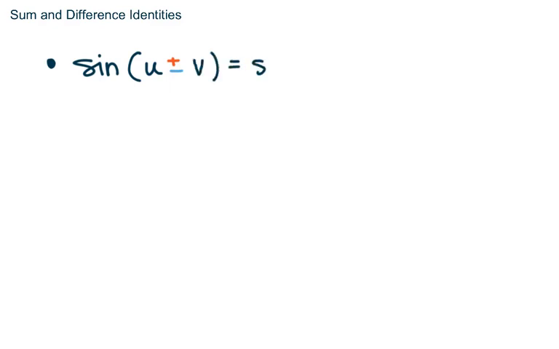The pattern for that is sine of u cosine of v plus minus cosine of u times sine of v. So we have two identities. If you start with a plus, you are going to have a plus when you expand it. If you start with a minus, you'll have a minus when you expand it.